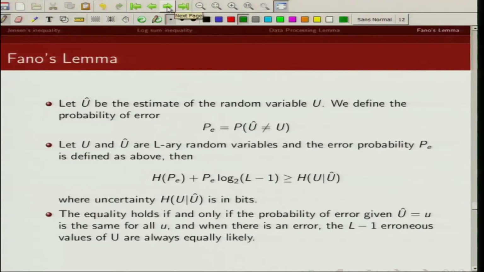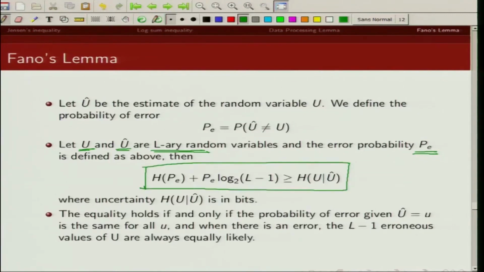Now what Fano's lemma says is as follows: if u and u hat are L-ary random variables and probability of error is given by P sub e, then this relation holds.